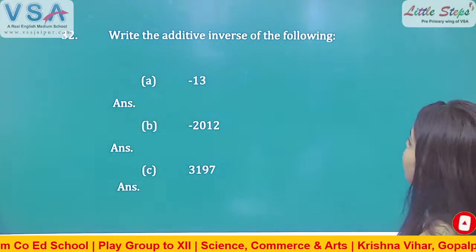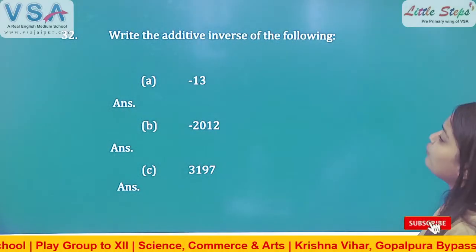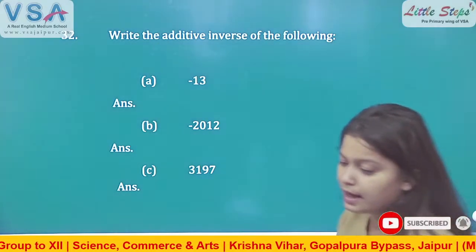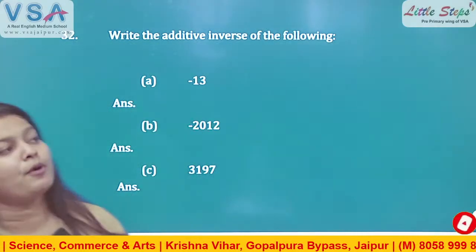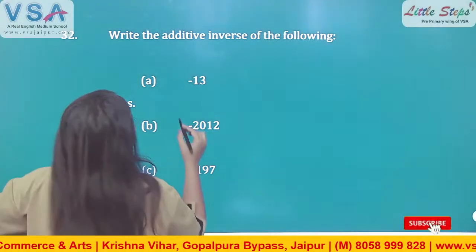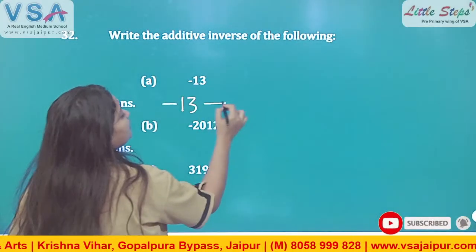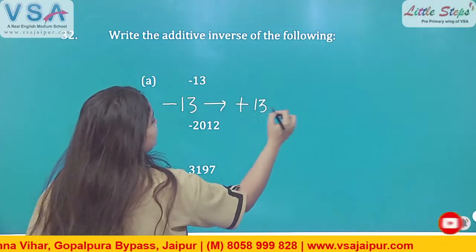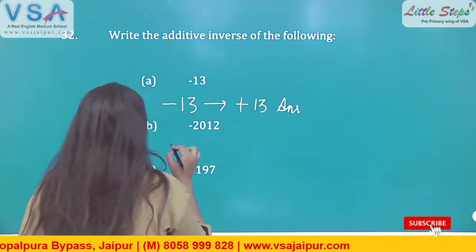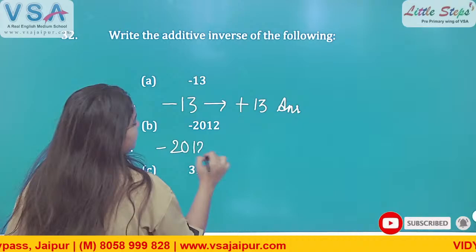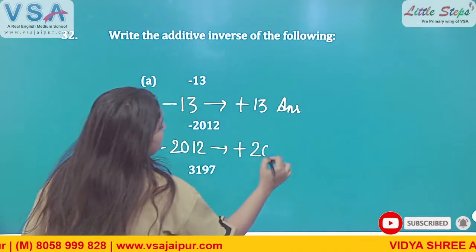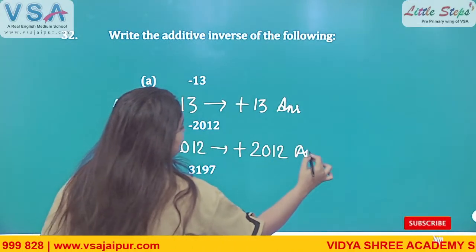Next, write the additive inverse of the following. We need to find the additive inverse. Additive inverse is the opposite of the sign. -13 becomes plus 13. This is the answer. In the second part, 2012 will become plus 2012. This is the answer.